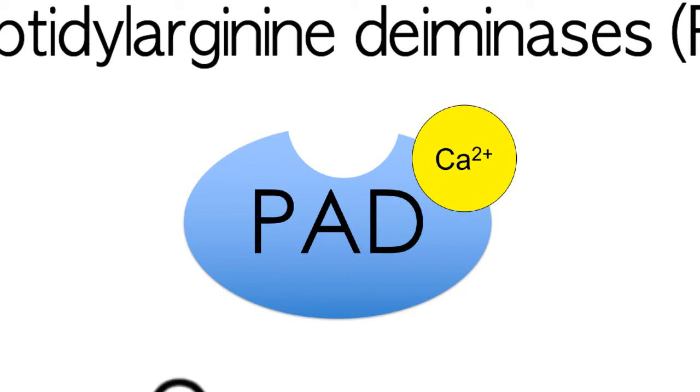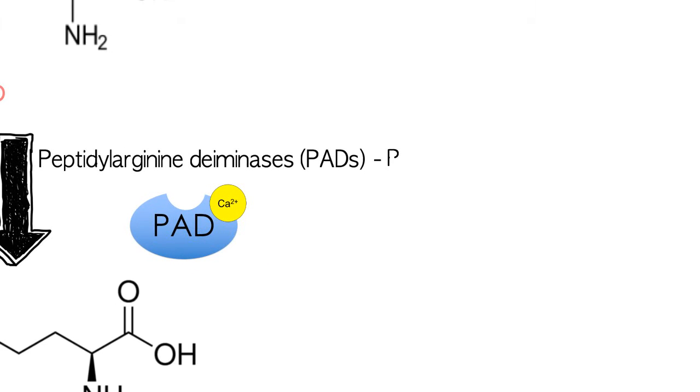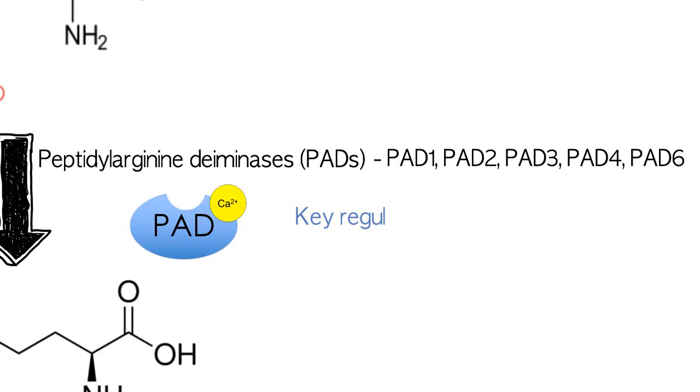The protein deimination process is catalyzed by a family of peptidylarginine deiminases, PAD1 to 4 and PAD6. A key regulator of PAD enzymes is calcium. Binding of calcium ions activates PADs. Under physiological conditions, the calcium concentration is low.